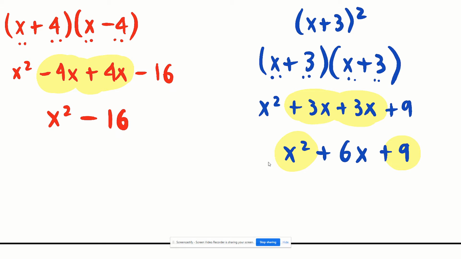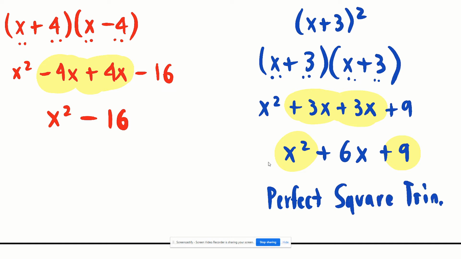Unlike the one over on the left side, though, that middle term did not cancel. In fact, if you think about it, it was x times 3 doubled, right? Think about doubling 3x. Well, it's x times 3, 3x, doubled, 6x. This is called a perfect square trinomial.